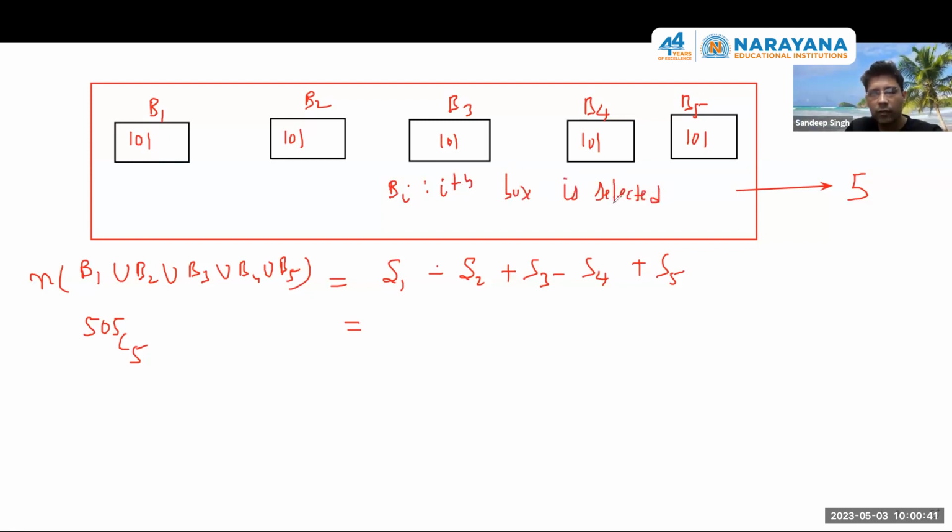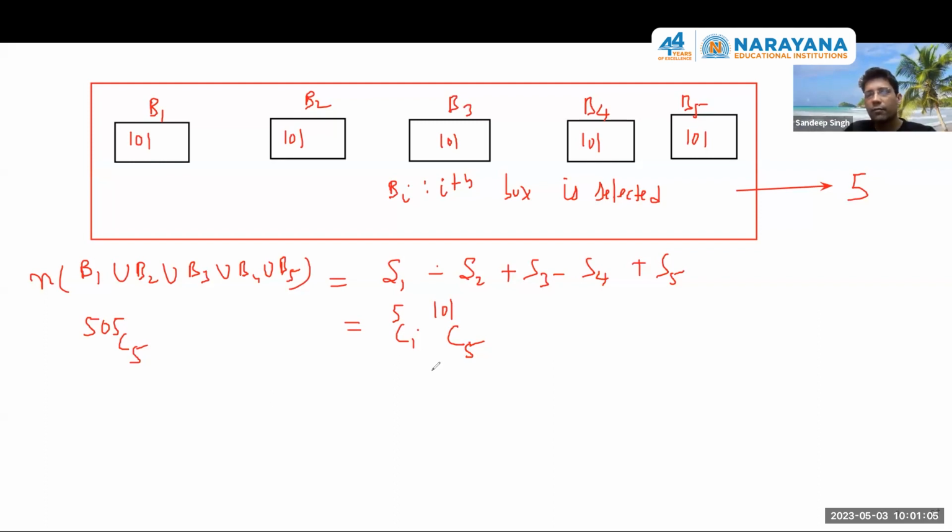So what is S1? Can you tell me? 5 times 101C5. C5 or C1? Tell me. C5, right? 101C5 means all the 5 articles you are selecting from that lot.